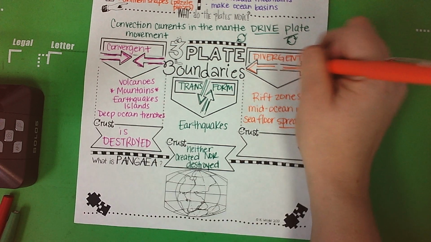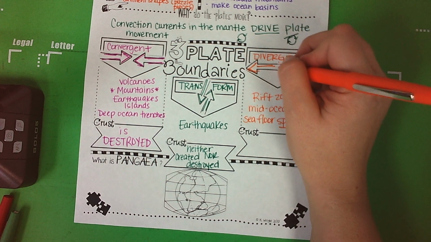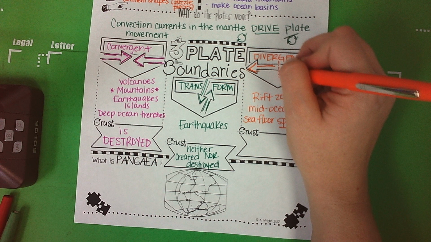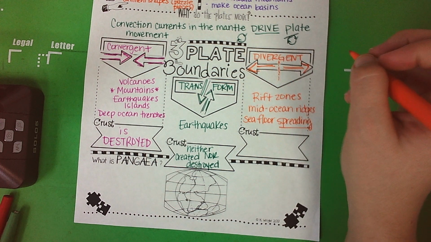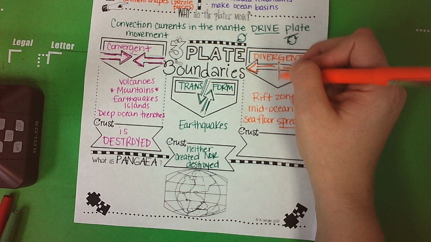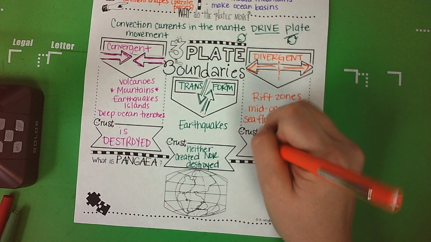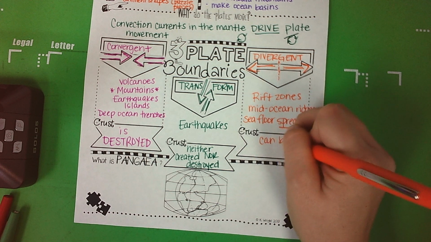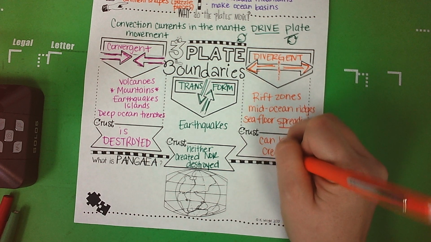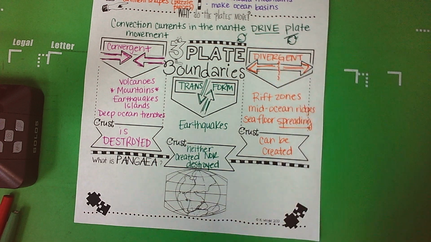Spreading, all right, the plates are spreading apart. So here is where that new ocean floor is going to be made, because it's going to make a gap. And magma is going to come up and it's going to cool and it's going to make new crust. Okay? New crust can be created at a divergent boundary, usually right where the plates have separated.